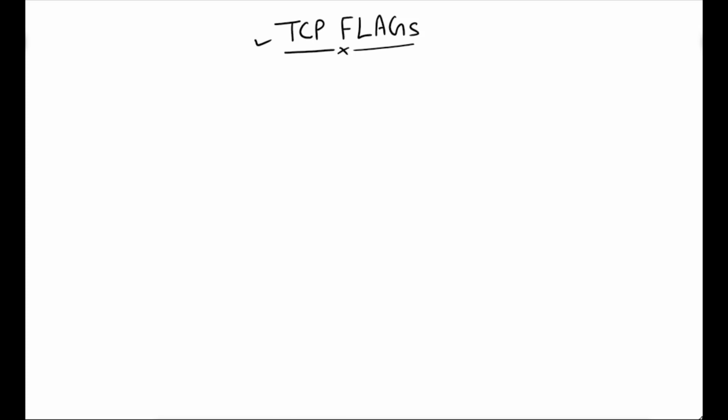Our first flag is the SYN flag. The SYN flag is the first flag that every host on the network uses to initiate a connection. It will be like this: there is one PC and a second PC.